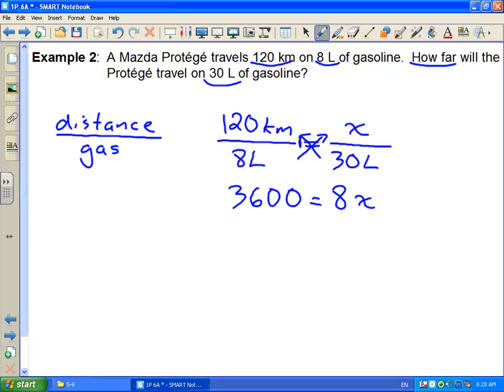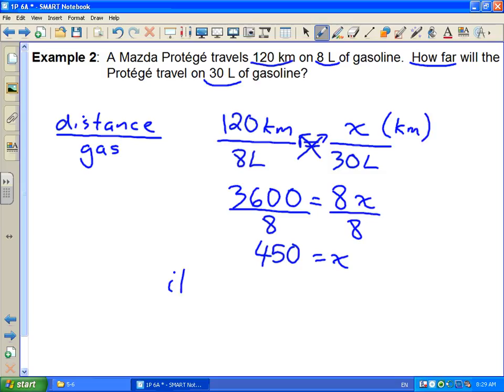We can divide both sides by that coefficient, 8, and we get x equals 450. So what does that 450 represent? It's going to represent a distance in kilometers. So we can say it will travel 450 kilometers.